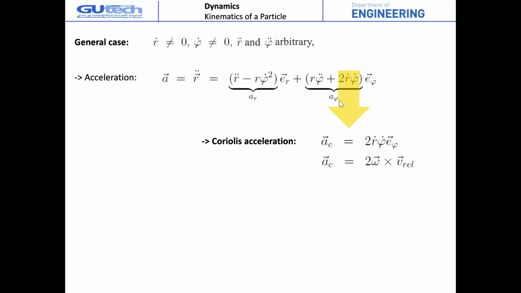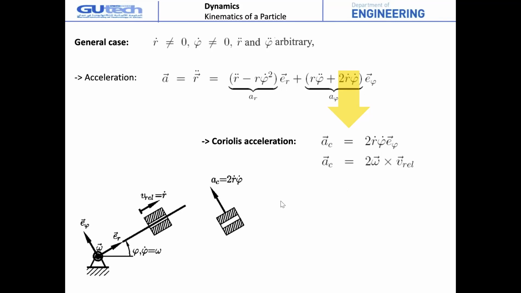We have e_r and e_phi components, and this term here is called the Coriolis acceleration, denoted by a_C. In the two-dimensional case it is 2 times r dot phi dot e_phi, and in the general three-dimensional case it is the vectorial product of 2 times the angular velocity vector and the relative velocity.